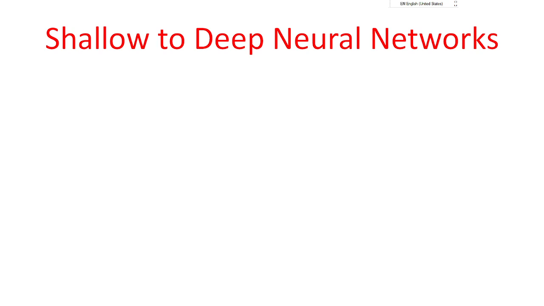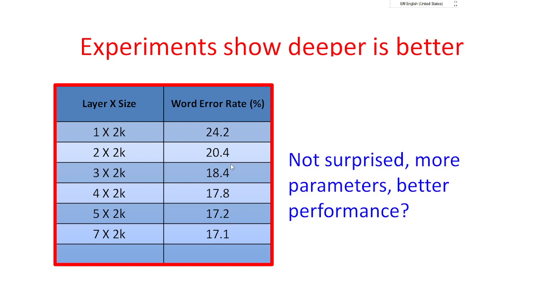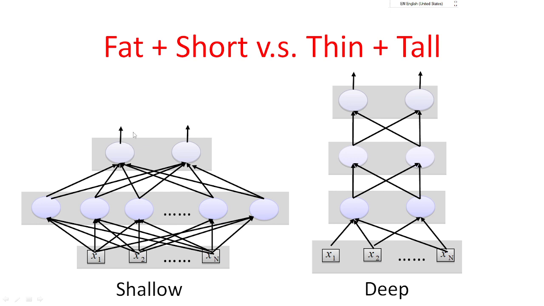Which is better, shallow networks or deep neural networks? Experiments show deep is better. As the number of layers increases, the error rate decreases; you can see the table here. It is not surprising: more parameters, better performance. The shallow network is a very fat layer, while the deep one has more layers, thin and tall.